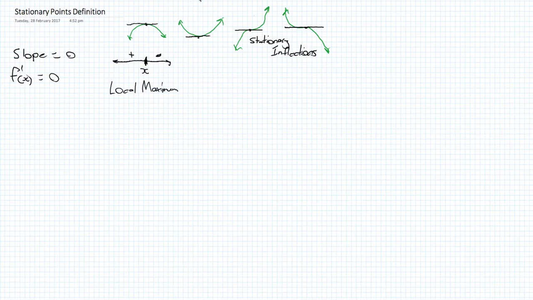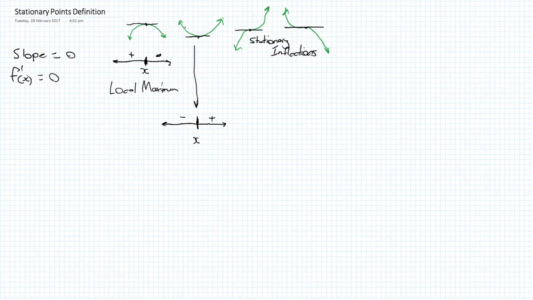What about this one here? Let's look at the sign diagram for this one. So if this is a local maximum and the sign diagram looks like this, it's reasonable to assume that the sign diagram of this one is going to be the opposite. So we're going to have, again, some arbitrary value, we'll call it x, line through, and it's going to be negative to positive.